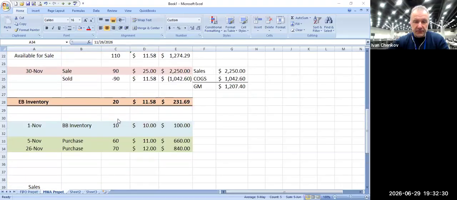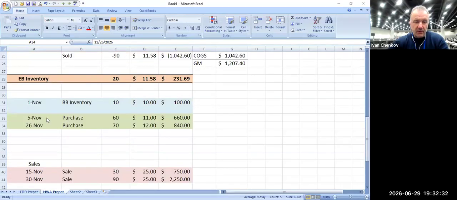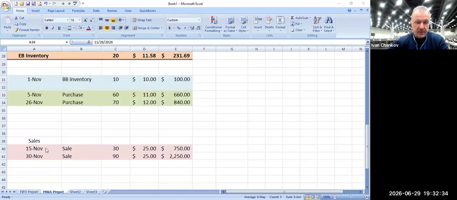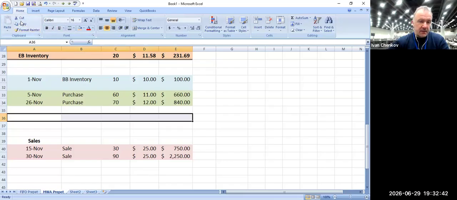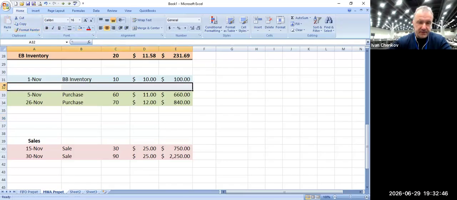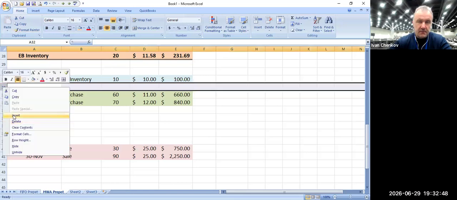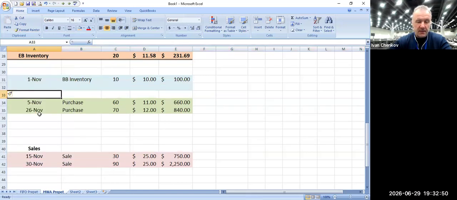So if we have to do the summary again, we're going to put the information. We're going to group the cells separately. We're going to separate the beginning balance from the purchases and get my purchases here.